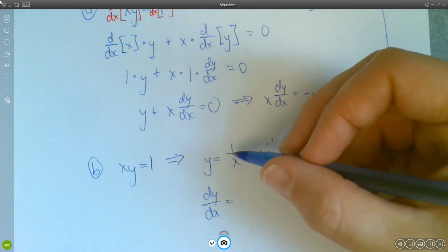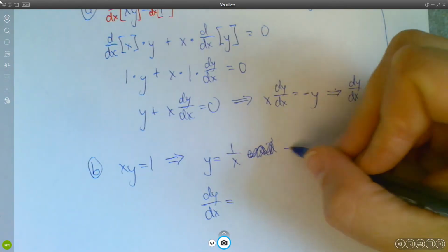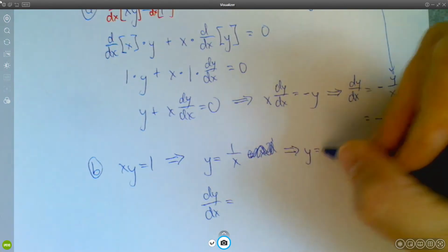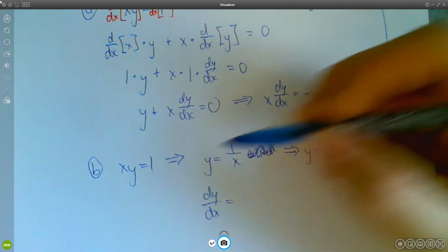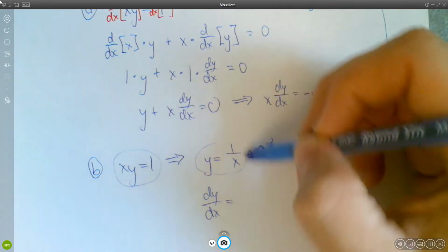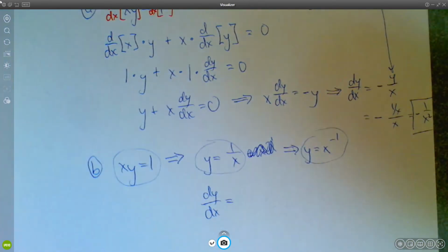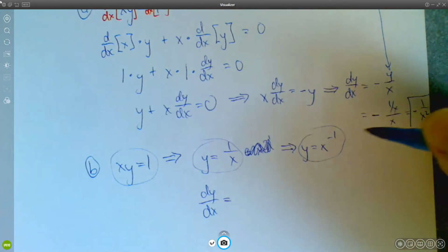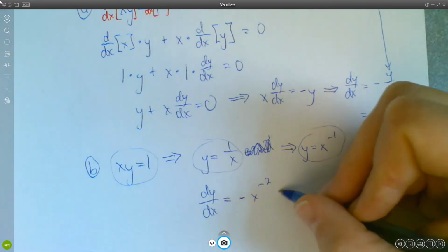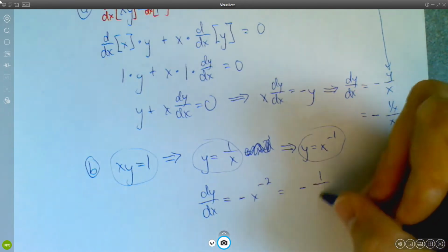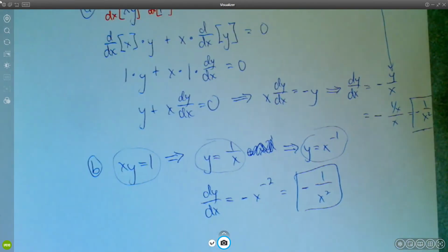Instead of saying y equals 1 over x equals x to the negative 1, I could have said y equals 1 over x, which implies that y equals x to the negative 1. Right? But you see how each of the things in here are complete thoughts. Okay? Anyway, dy dx is going to be negative x to the negative 2, which is negative 1 over x squared, which is just exactly what we got the first way we did it.